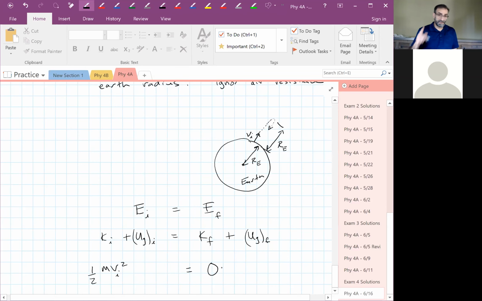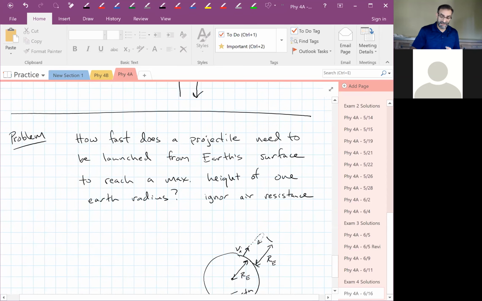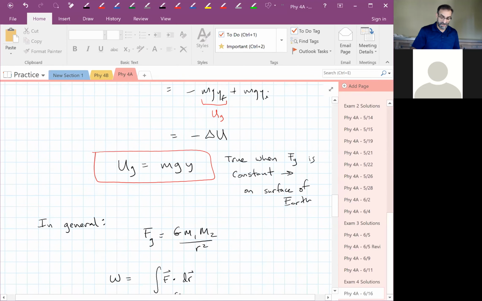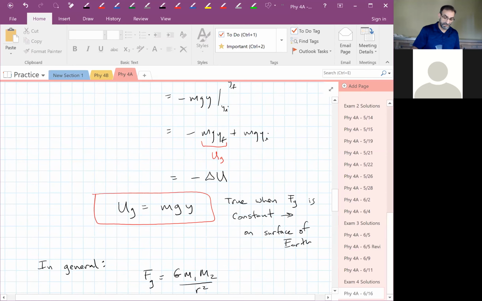Now here's the first change from how we used gravitational energy in the past. In the past, we could pick any point we want to be 0 because it was a linear relationship.